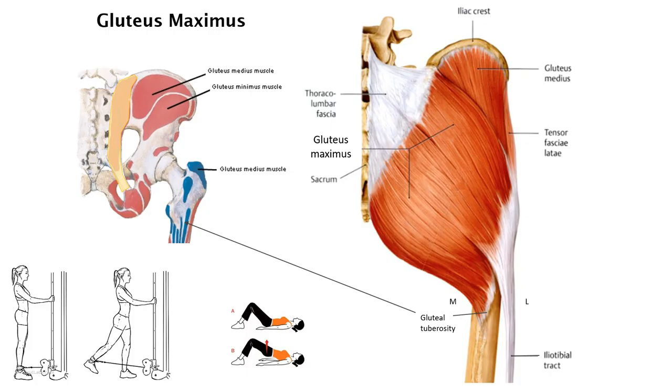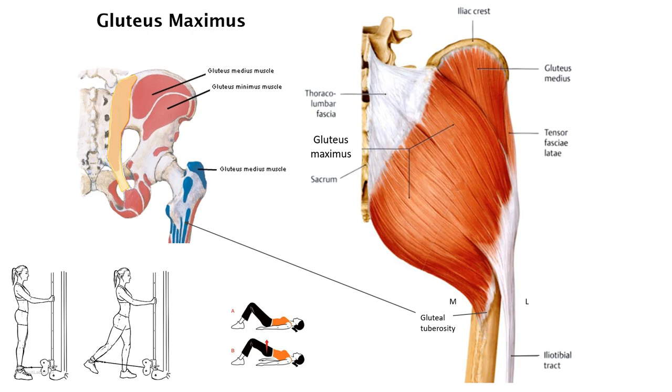The gluteus maximus is a very large and strong muscle with a broad point of origin that encompasses the sacrum, the ilium, the sacrotuberous ligament, and the thoracolumbar fascia.